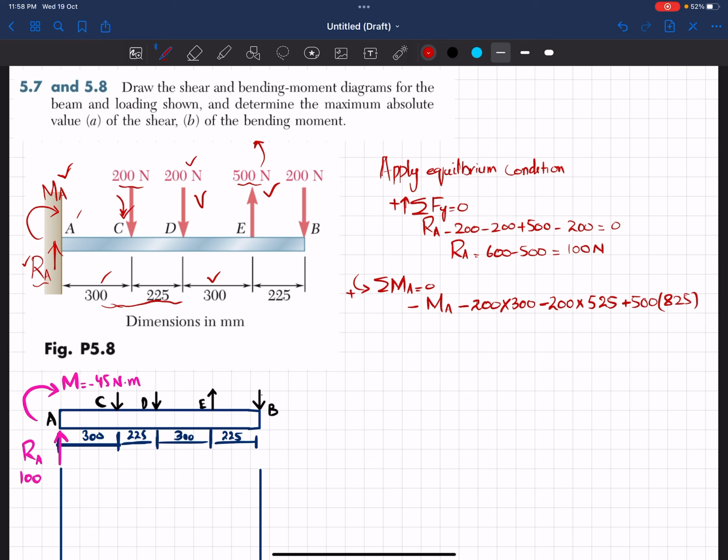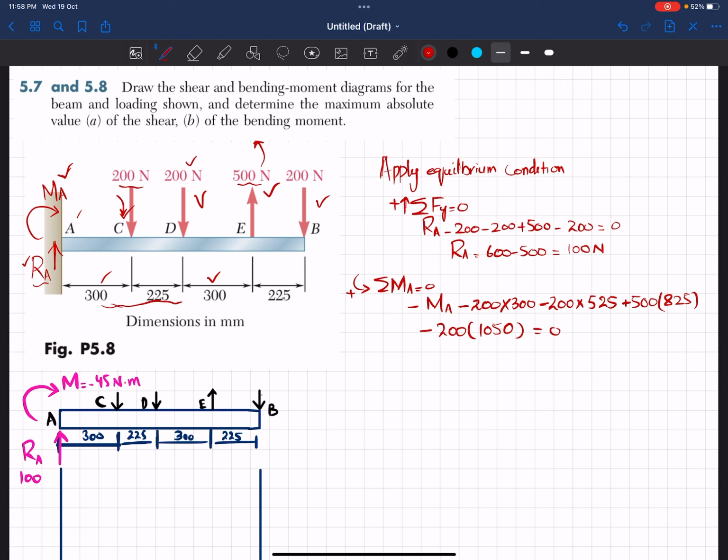The last one is 200 into the whole perpendicular distance, so minus 200 into 300 plus 300 is 600, 825, 850, 1050. Their sum must be equal to 0.